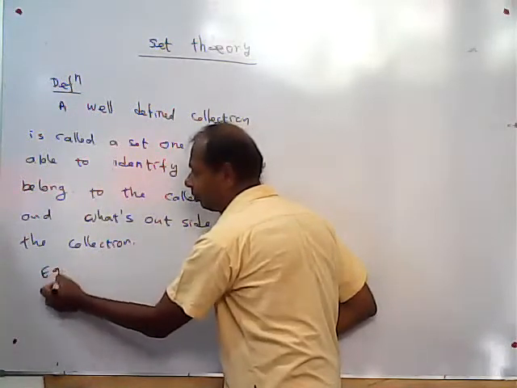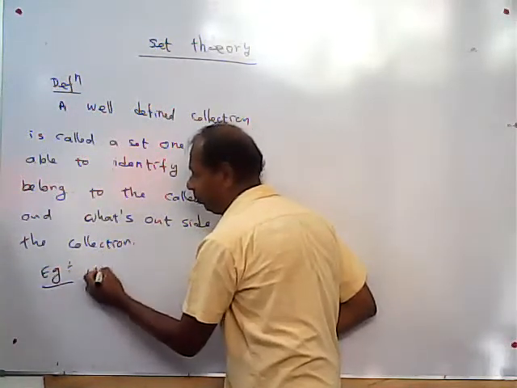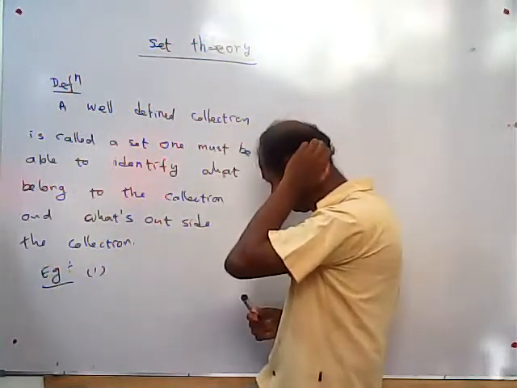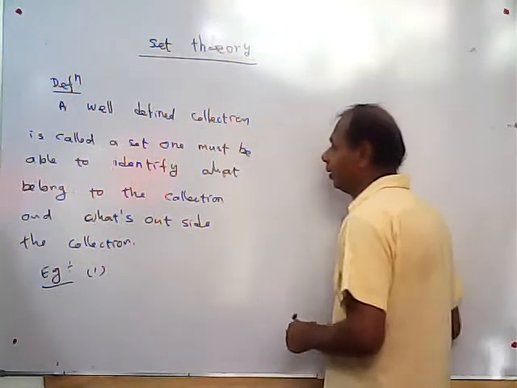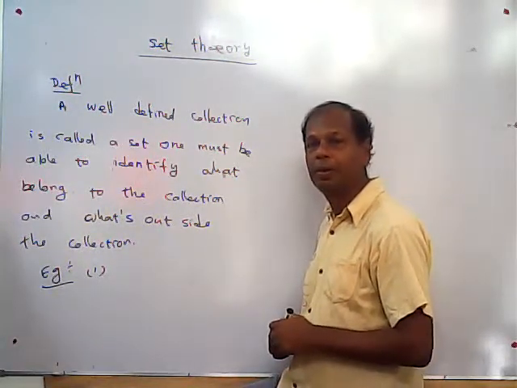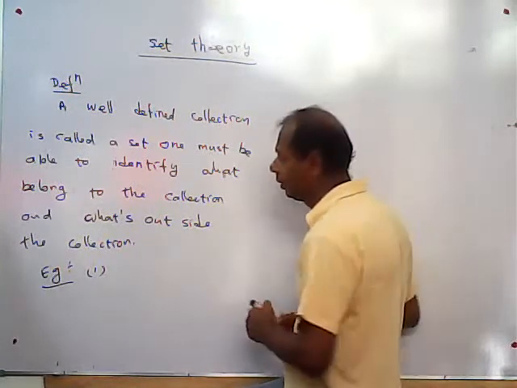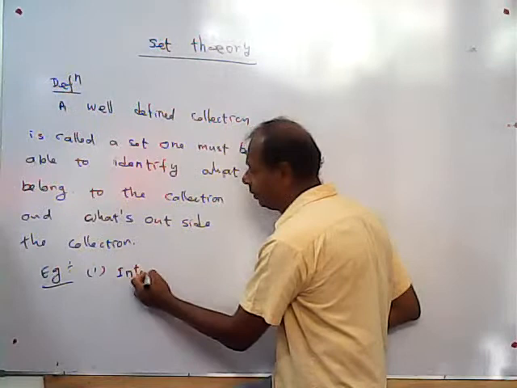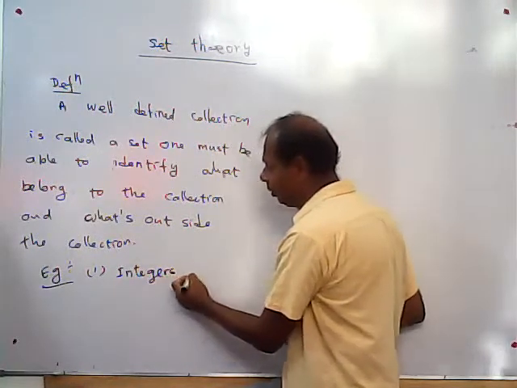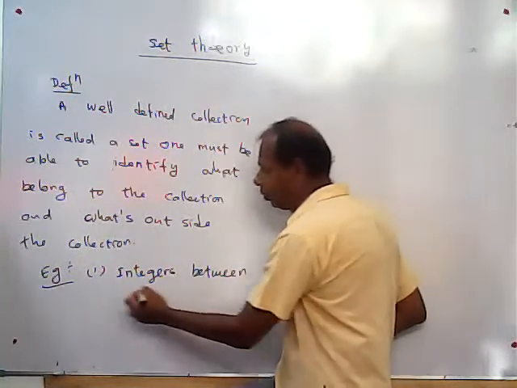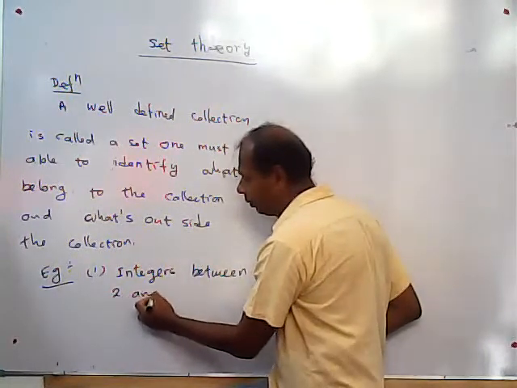Some examples. Example number 1, say, let's take an example: integers between say 2 and 8.